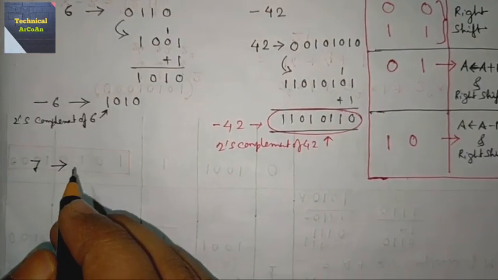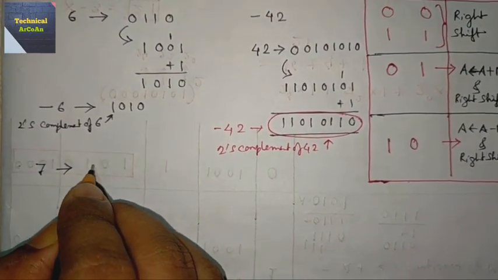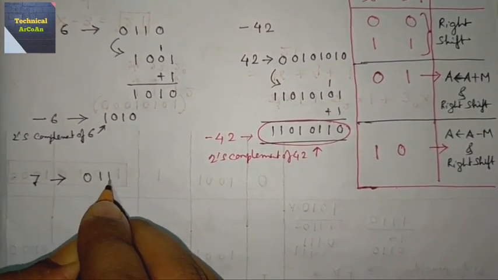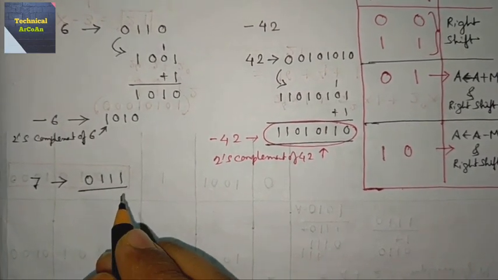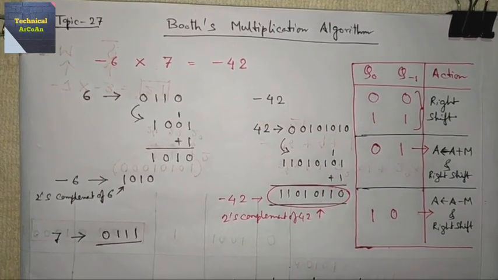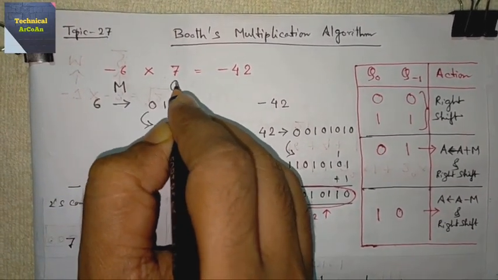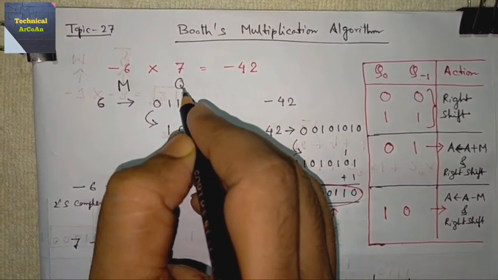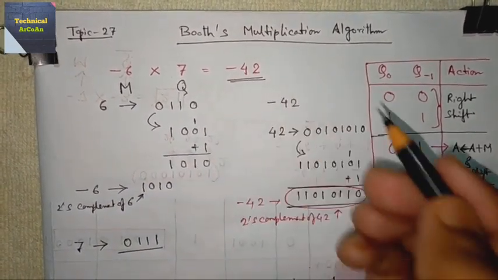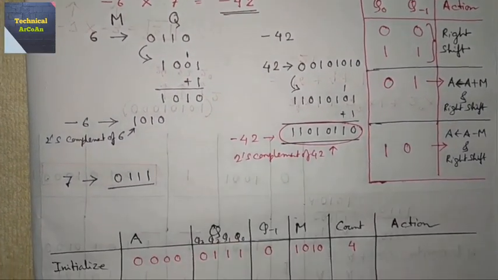Okay, for 7, we are just converting to binary and we got the result 0 1 1 1. Now your minus 6 is your multiplicand and 7 is your multiplier, represented as Q, and minus 42 will be your result. So now we go to the table.